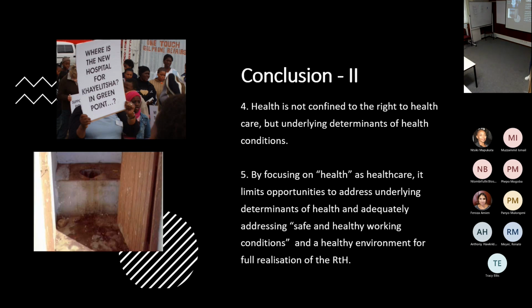Okay, so that follows up very nicely with my second point, which is that the conceptualization of ill health and its determinants, as you rightly posed, seems to be fixated around healthcare rather than the broader upstream factors.